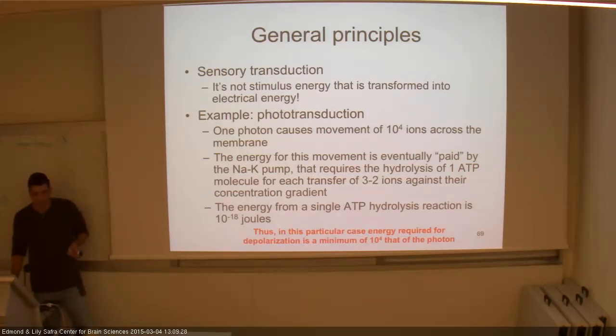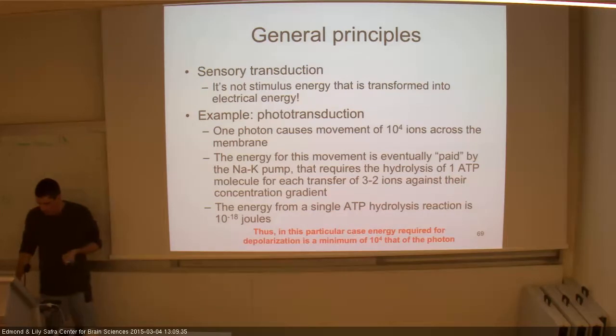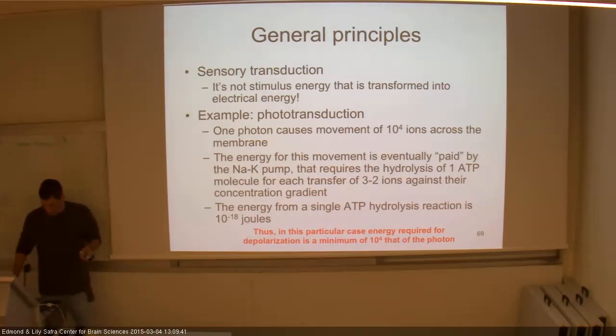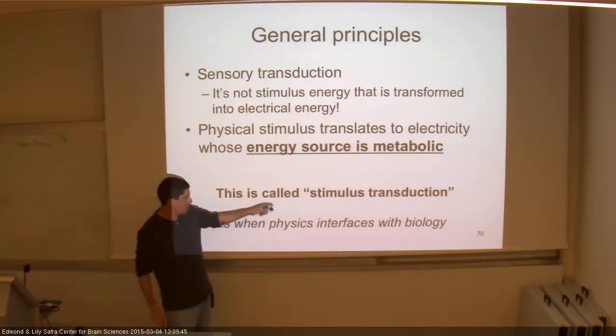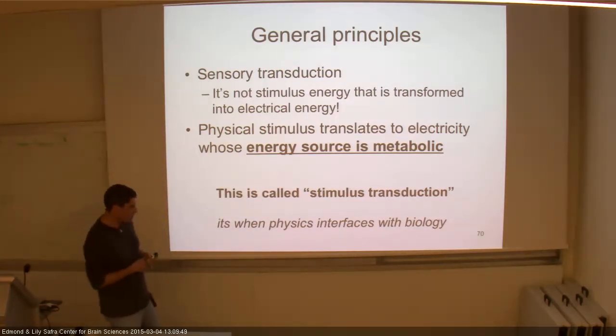That's the whole idea. So it's not a direct transformation; it's a transformation through the biological system, and basically this is where physics and biology interact, where this transformation is occurring. That's important, and this is called stimulus transduction, and the energy source is metabolic that we pay, so to speak, in biology.